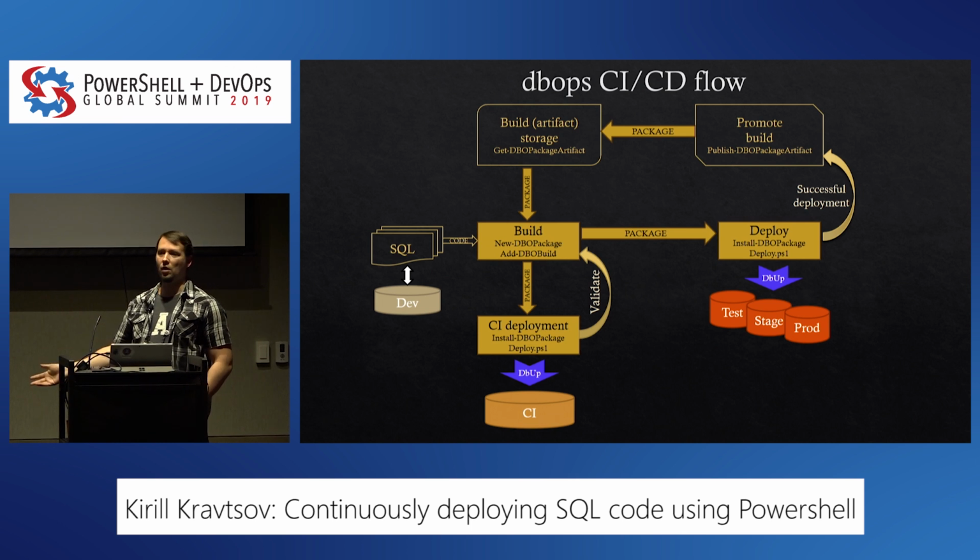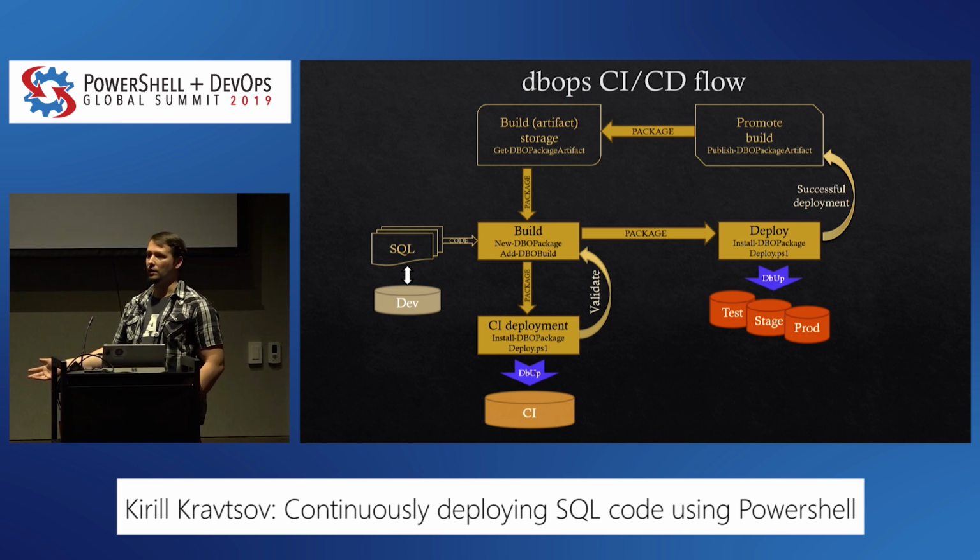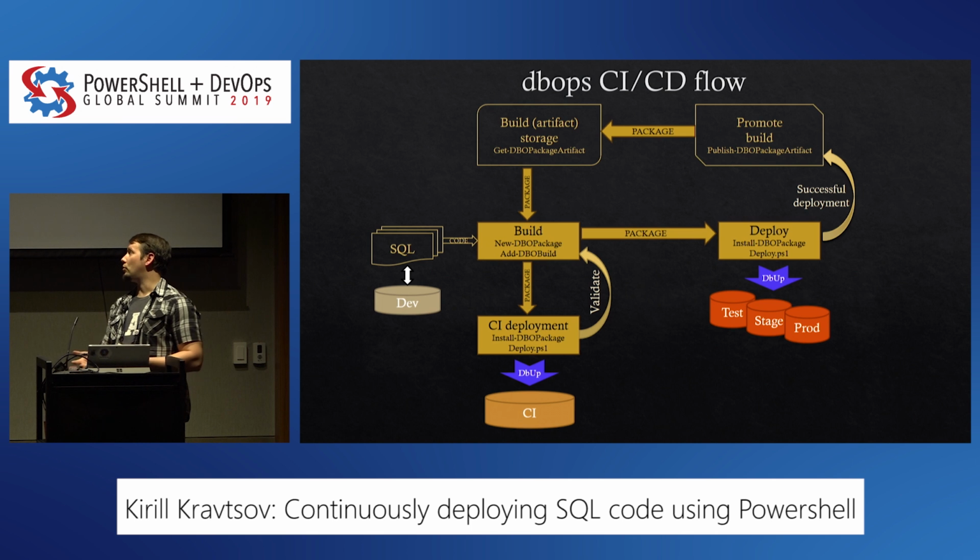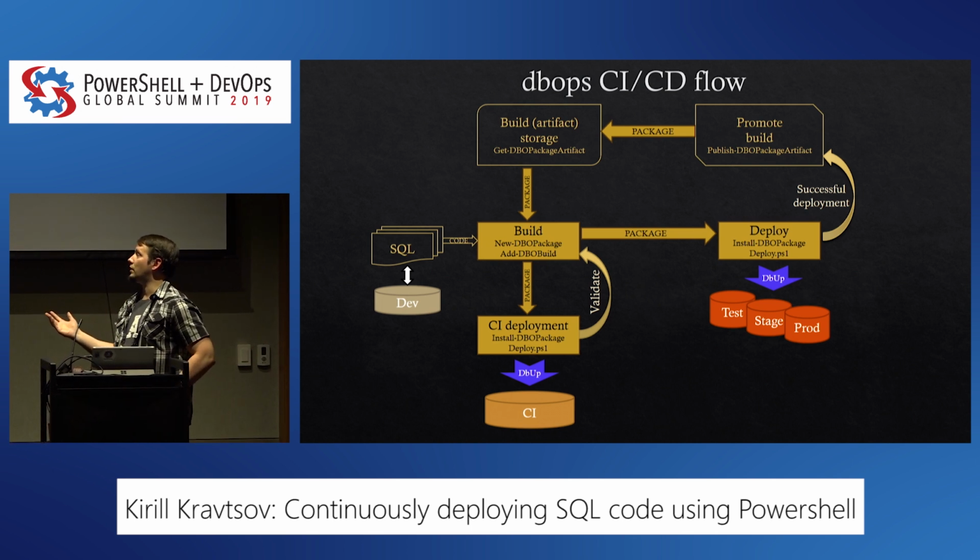They create their own objects, they test things, they produce SQL code, which you then build into a package, and that's the process that you run somewhere on the server. You package it together with the rest of the scripts, and then maybe validate it using your CI environment, and then you push it to your environments using the package as the artifact.